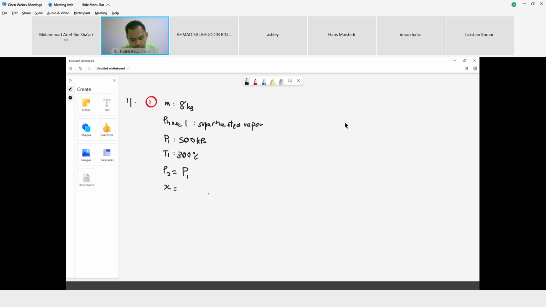What is the meaning of quality? If you can determine the meaning of the quality, then you know the value of x from the hint given in the question: 70% of it by mass condensed.